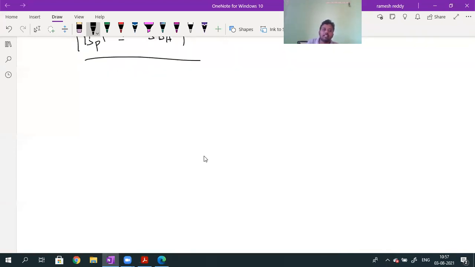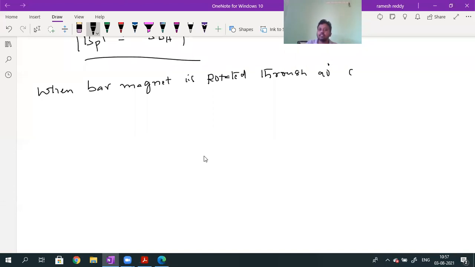Next point I will consider: from the null point position, when the bar magnet is rotated through 90 degrees clockwise.